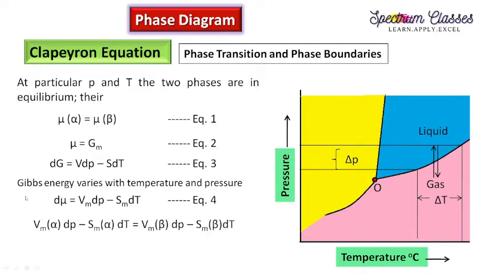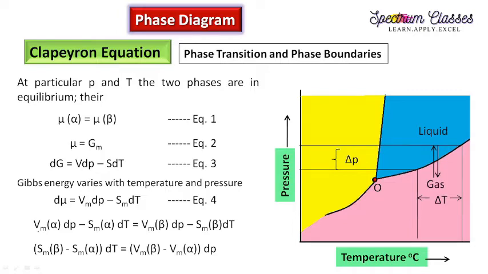So here, this is our equation number 4, and these values for the alpha phase and beta phase we are putting in equation number 1. I have written Vm alpha dP minus Sm alpha dT is equal to Vm beta dP minus Sm beta dT. This is mu alpha and this is mu beta. In this manner you can equate these two equations.